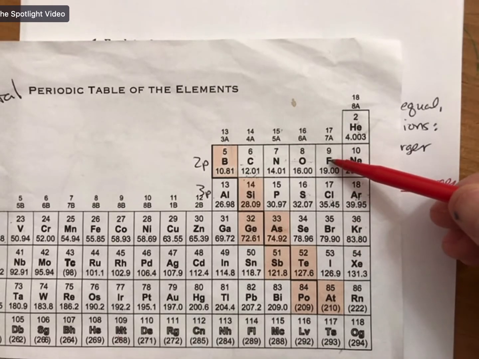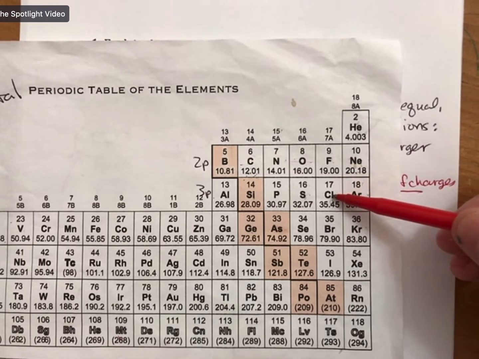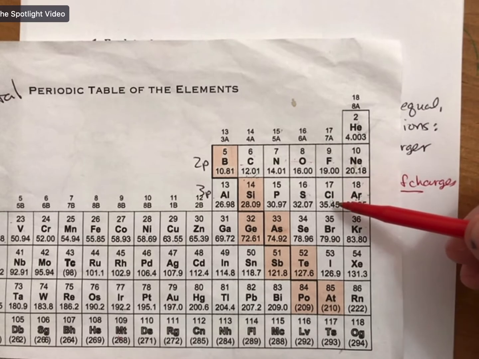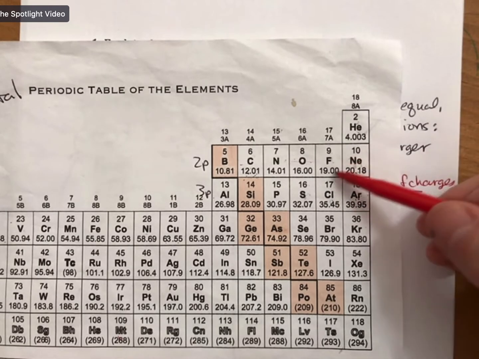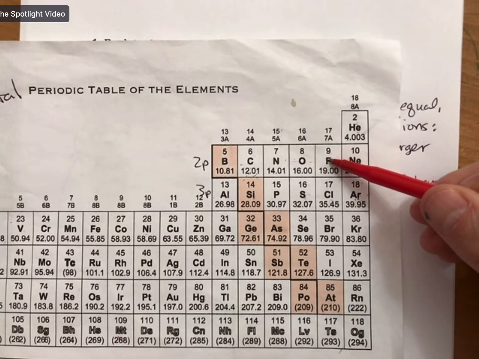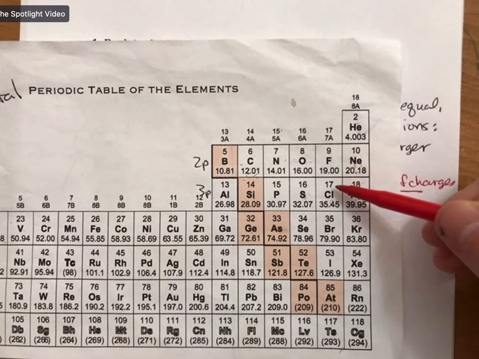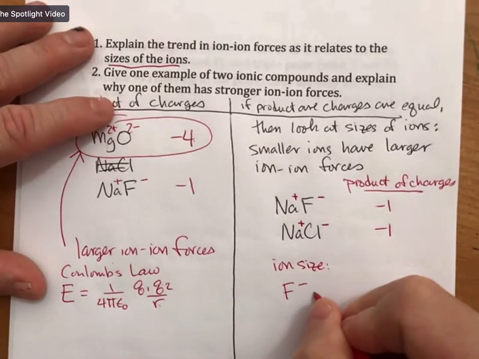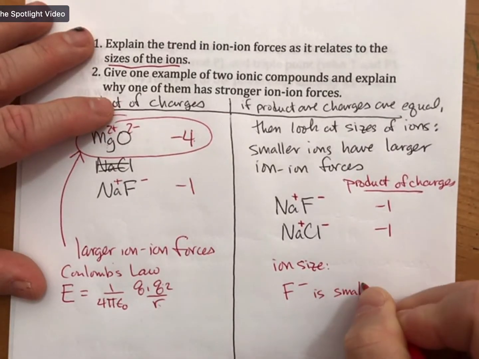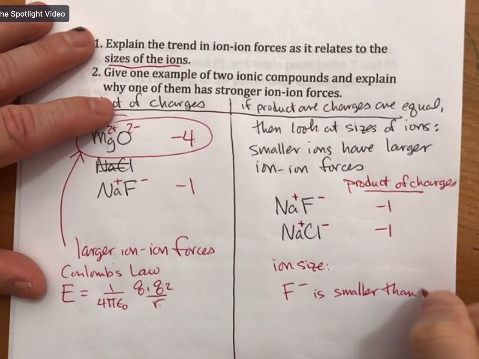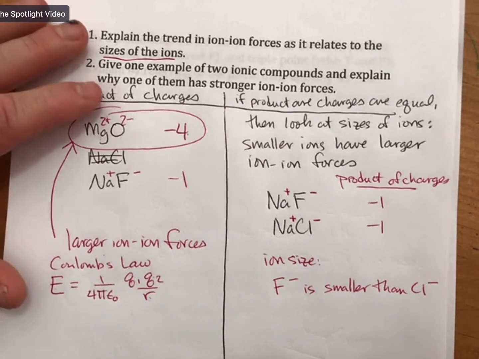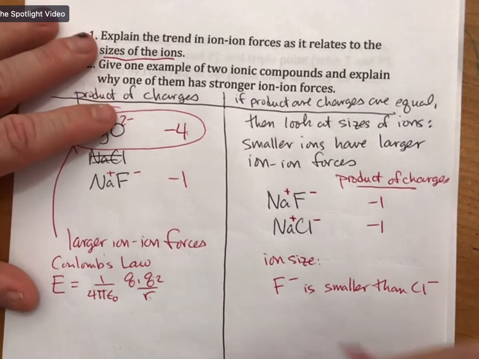Since these are F minus and Cl minus, both -1 charged ions, the trend still holds. So fluoride, F minus, is smaller than chloride, Cl minus, just like fluorine is smaller than chlorine.